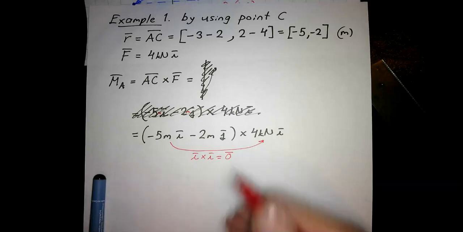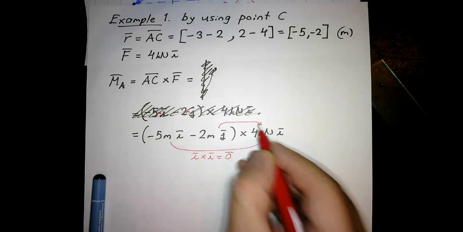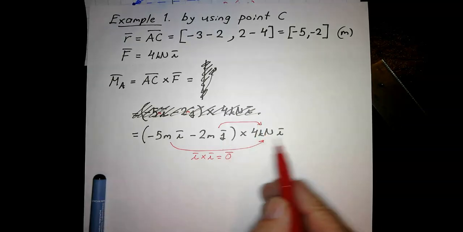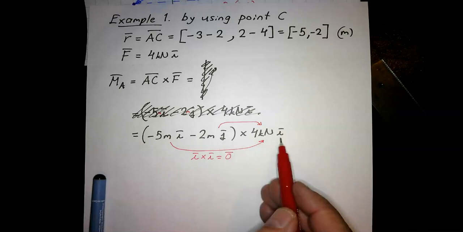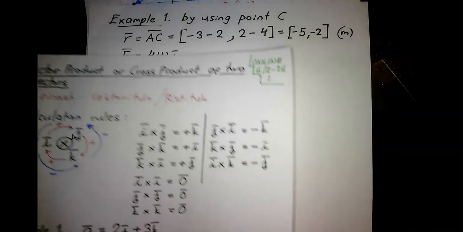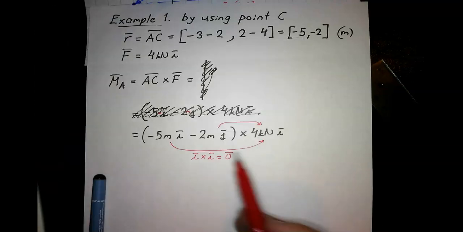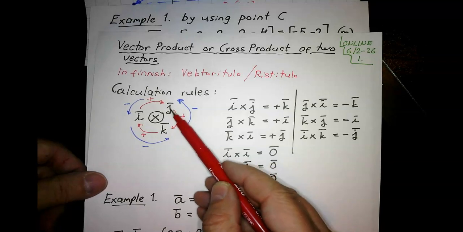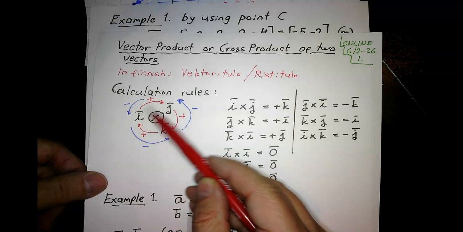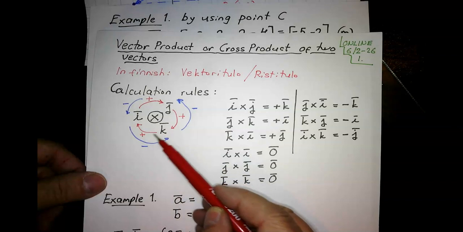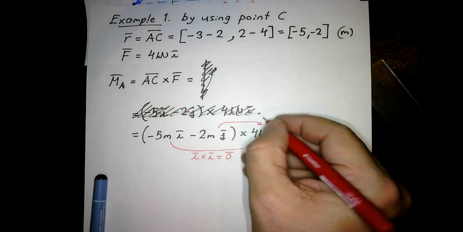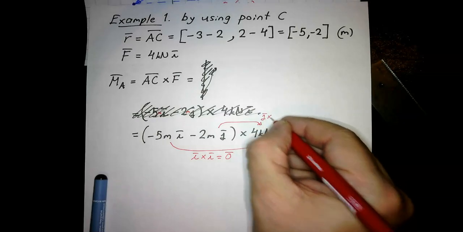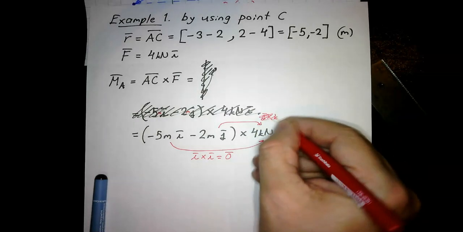Then the other multiplication here, we have j and i, and that will give us something. That will give us k, and here we can see j and i with this figure. j cross i, we are going in the negative direction, we will get k with minus sign.